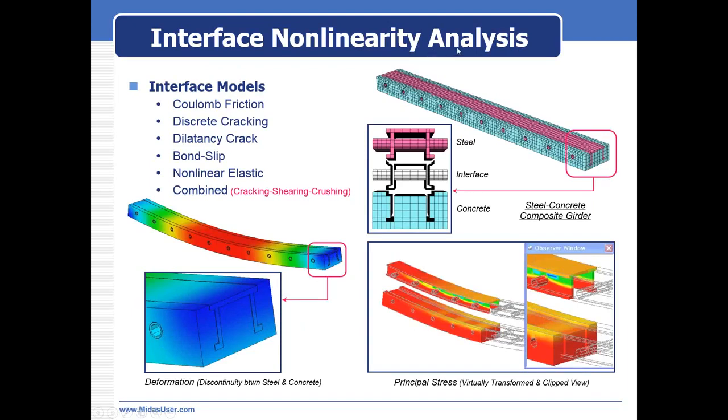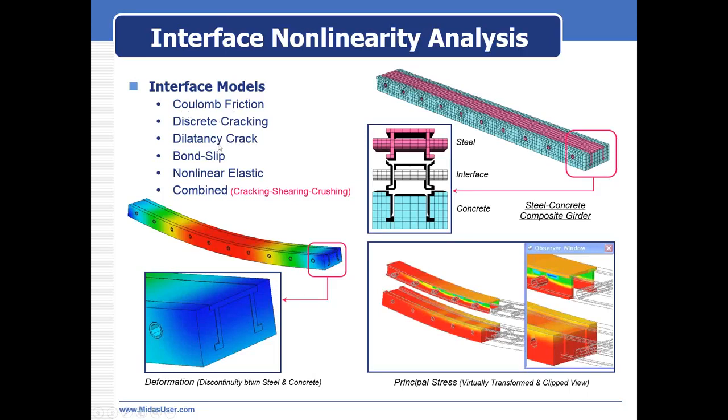Interface nonlinearity analysis. This is really crucial when we have two materials of different stiffness. Then the interface is most commonly used and very crucial in Midas FEA. We support discrete cracking and dilatancy cracking. This could be used for concretes being cast at two different ages.